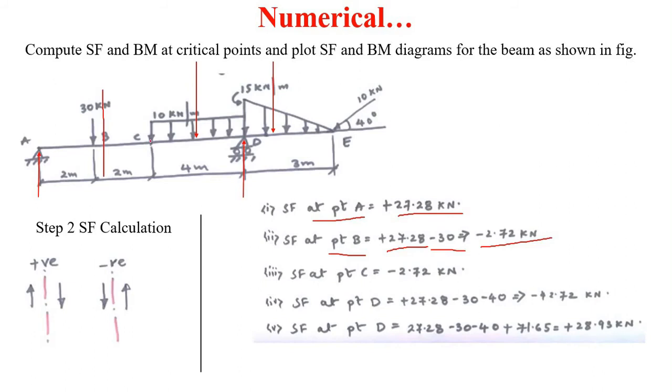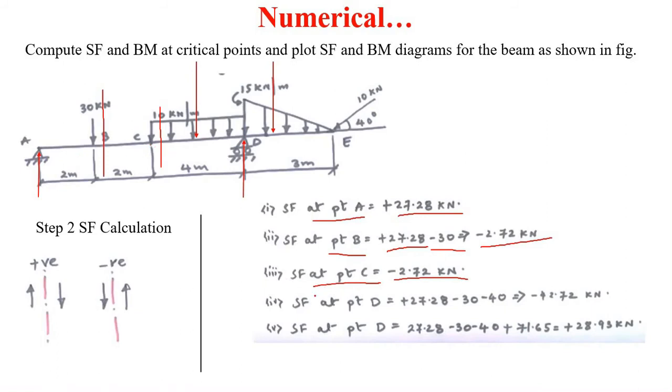So we will take a section just at the right side of C, and we will calculate the shear force at point C. Up to point C the shear force will remain the same, that is minus 2.72 kilonewton. There is no additional load.